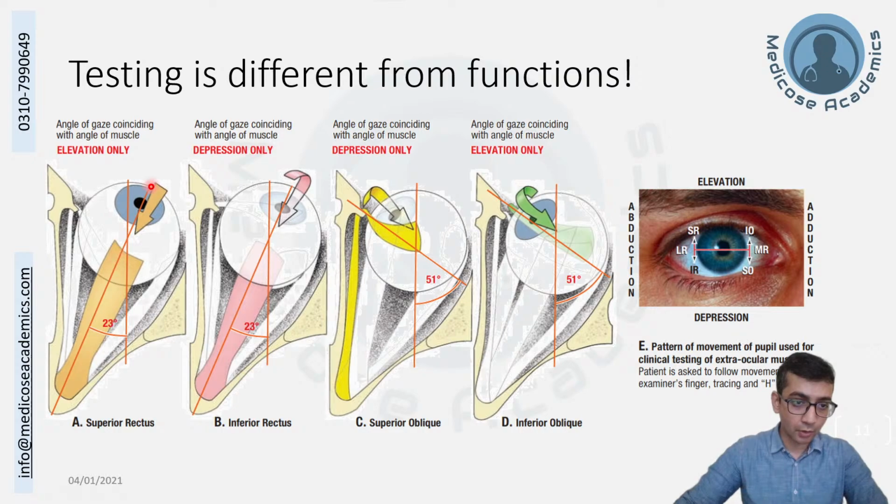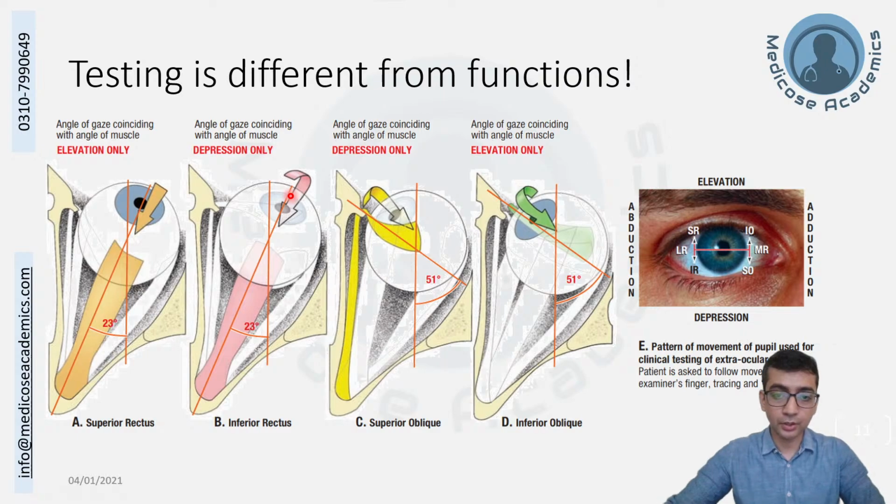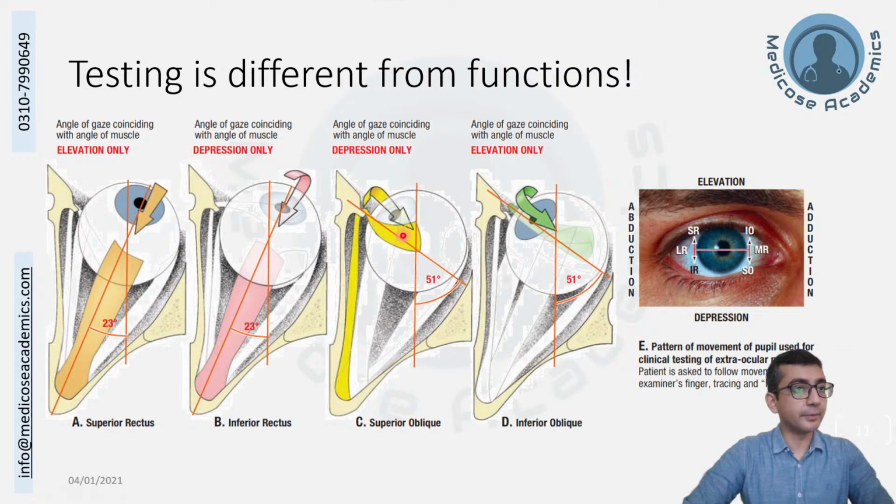As you can see, the long axis of the eye is parallel to the long axis of the muscles. And when we have to check the obliques, we ask the person to look medially and look up and look down to check the inferior oblique and superior oblique respectively, because this is the case when the long axis of the eye is parallel to the pull of the muscles.